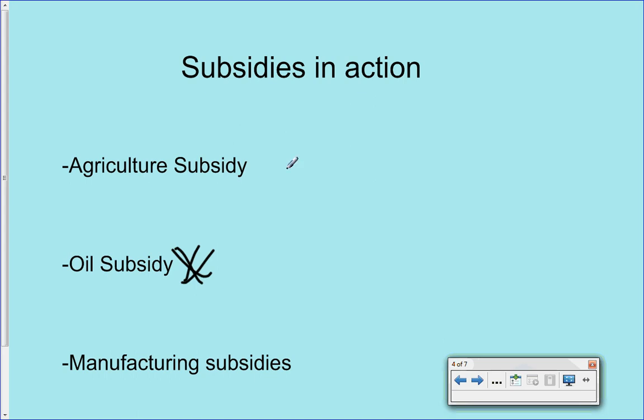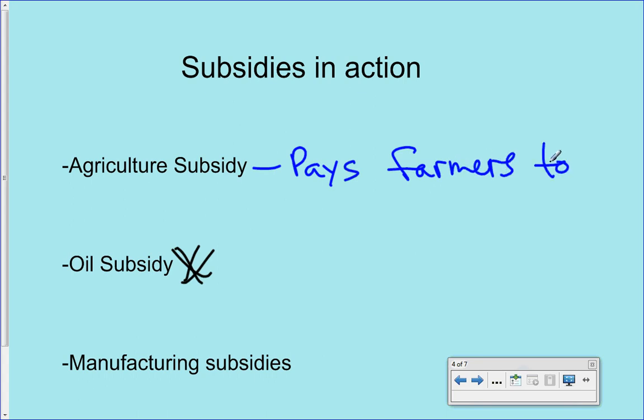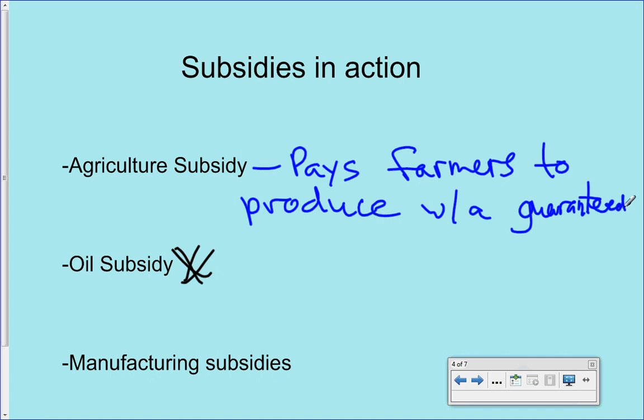Next is this agriculture subsidy, which pays farmers to produce with a guaranteed price floor. And what that means is this.